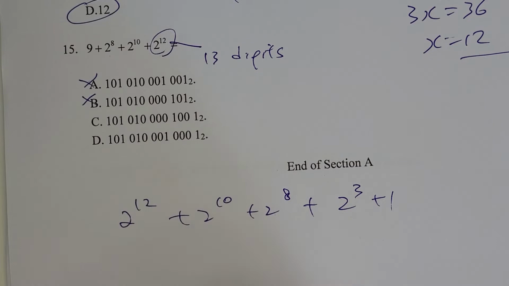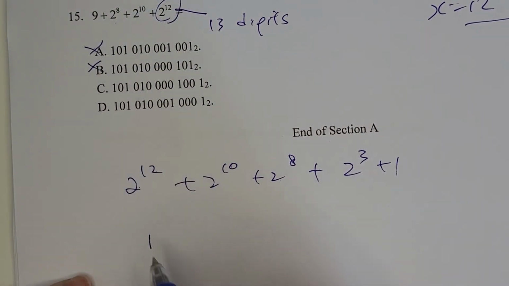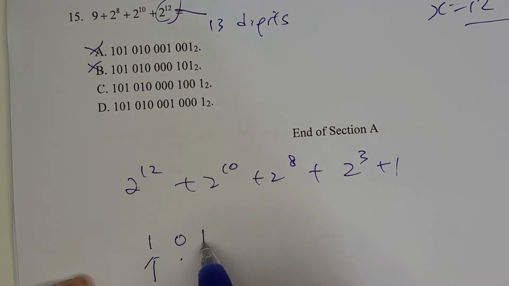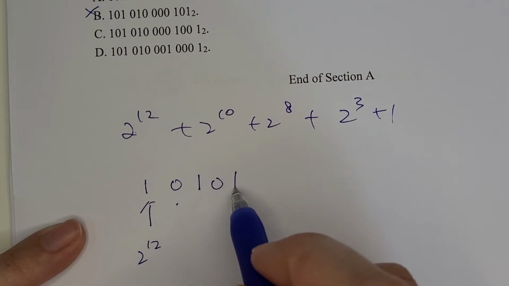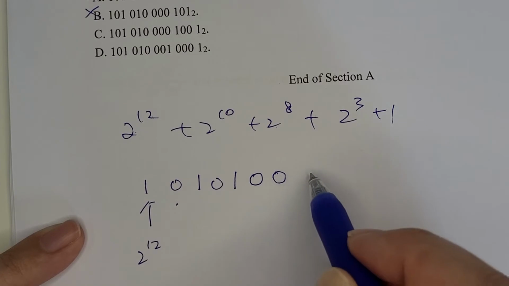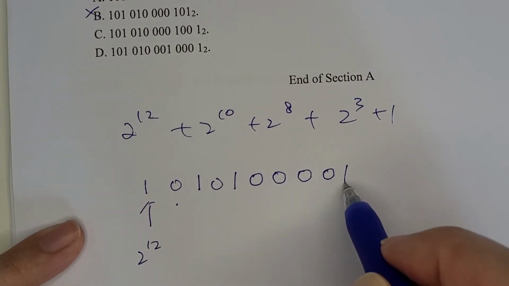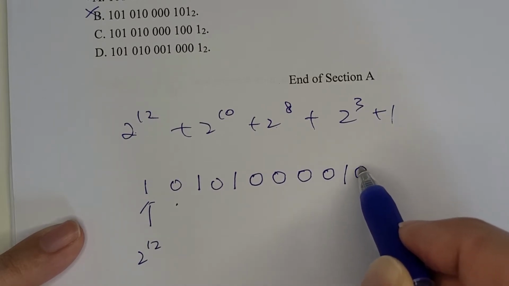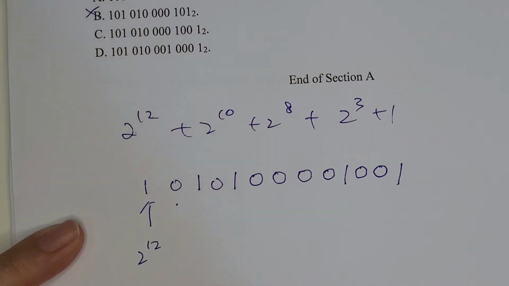For the 13 digits, the leftmost digit is 1, which represents 2 to the power 12, and then 2 to the power 11, 10, 9, 8, 7, 6, 5, 4, 3, 2, 1, and 2 to the power 0.